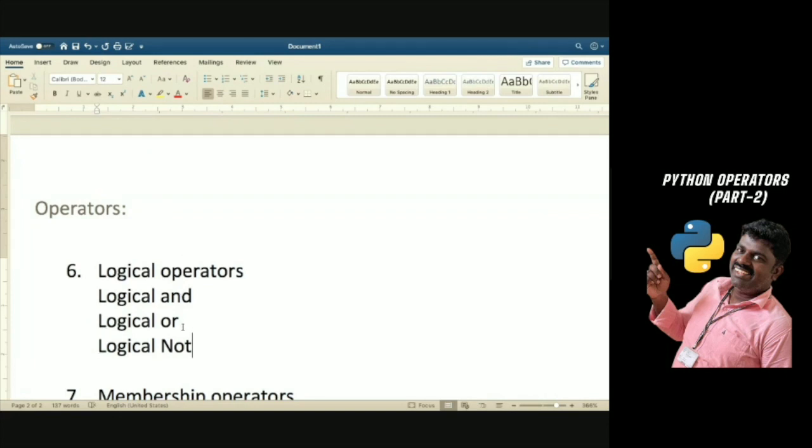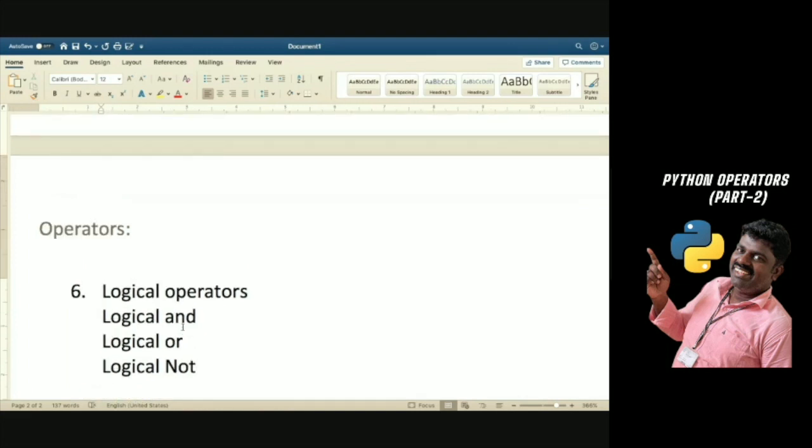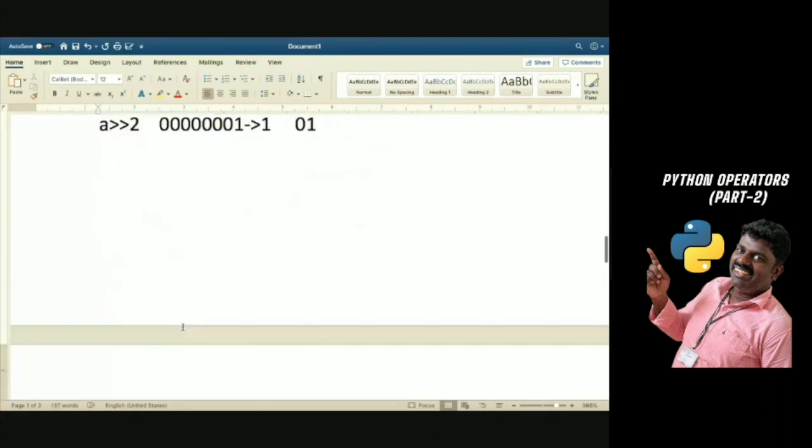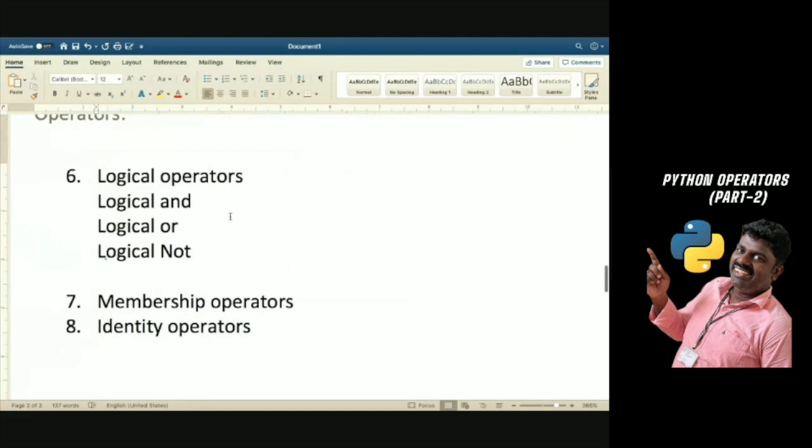What is the difference between bitwise operator and logical operator? Any idea? Logical operators will return true or false.